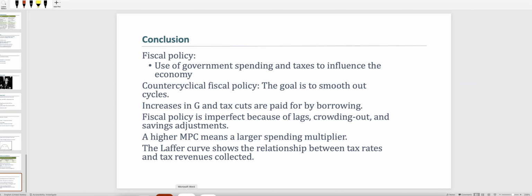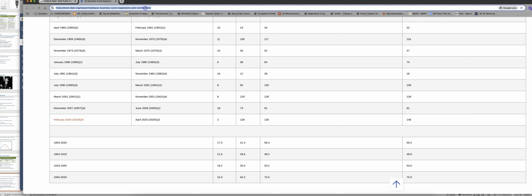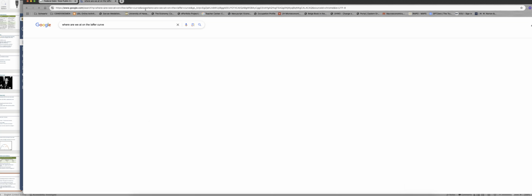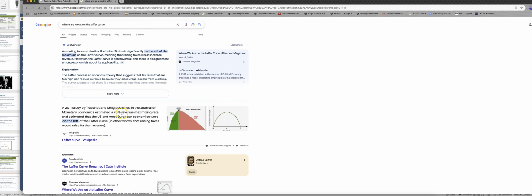Okay. Well, actually, let's just see. Just out of curiosity here. Let's just type this in. Now, this study, at least from 2011, which is pretty old, would suggest we're on the left-hand side. You can see, though, it is controversial. We can even look in this AI overview and see that it's controversial.